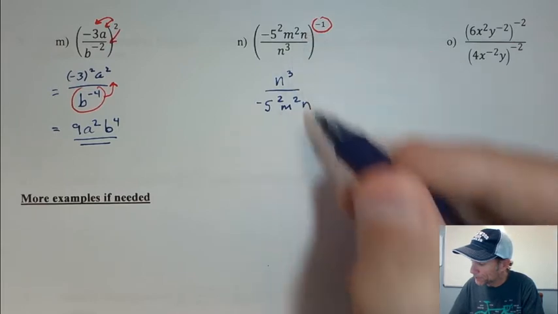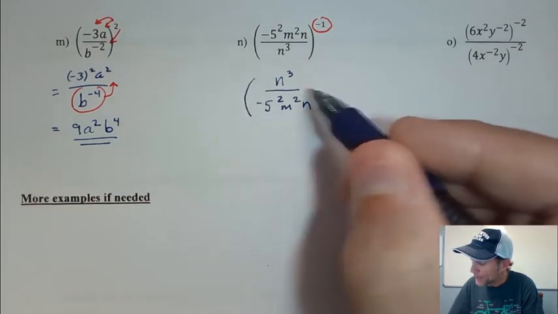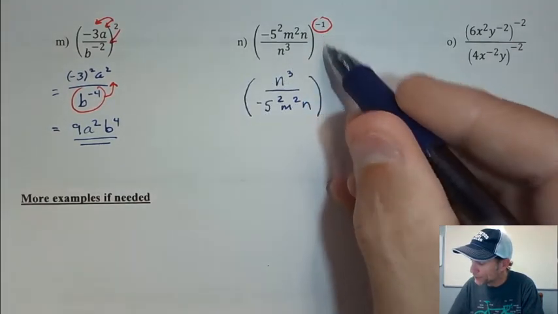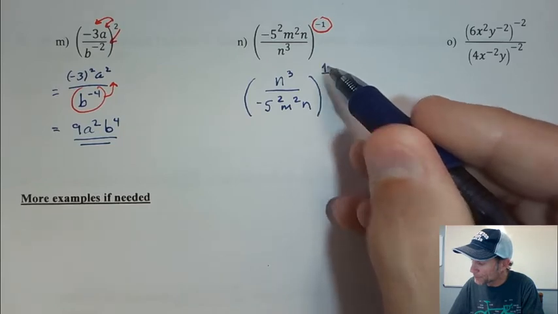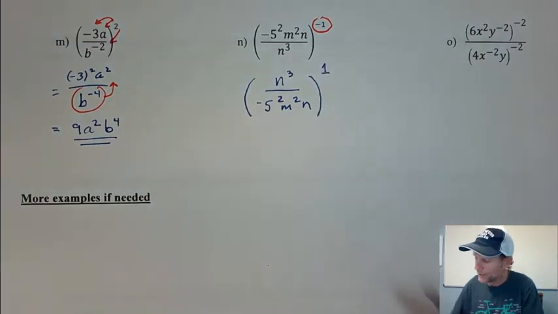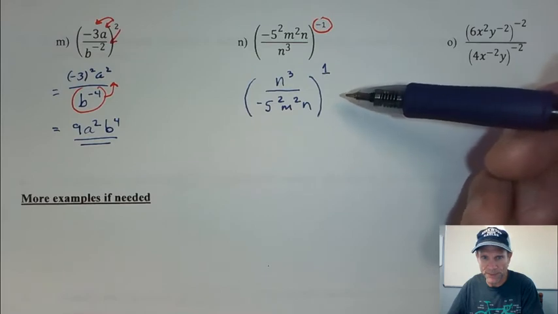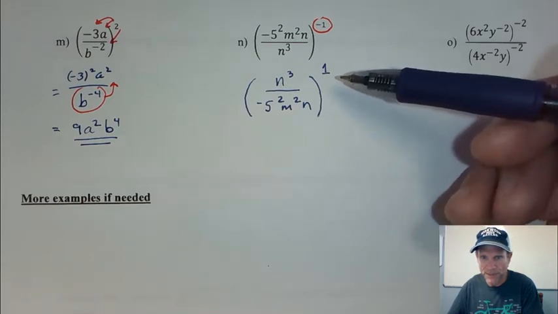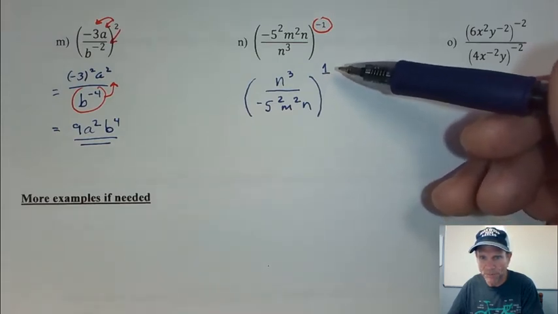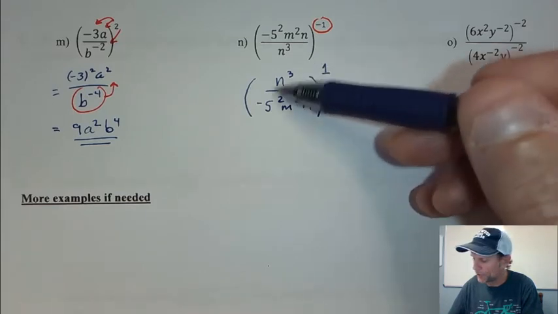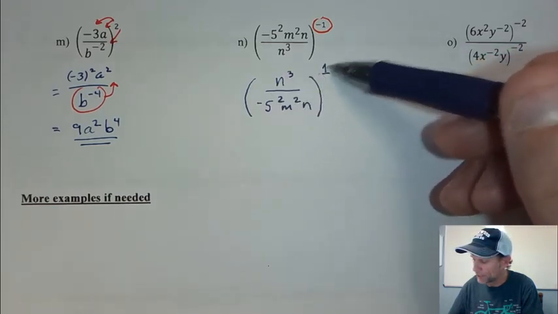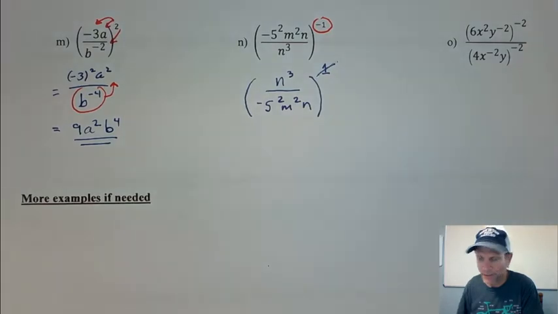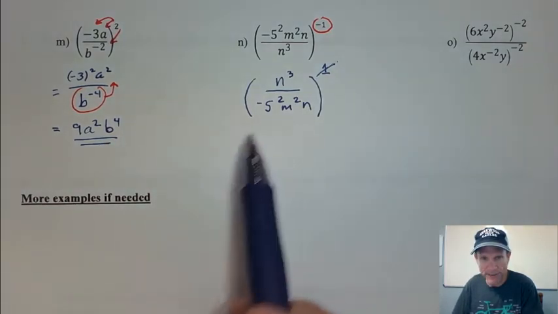Okay, notice I just flipped everything, and since I flipped it, it's going to make this b to the 1st power. Okay, that was from the negative exponent rule. That's how that happens. Okay, so now the 1st power we know is just itself, so we can kind of cancel that out, and this ends up being our answer here.